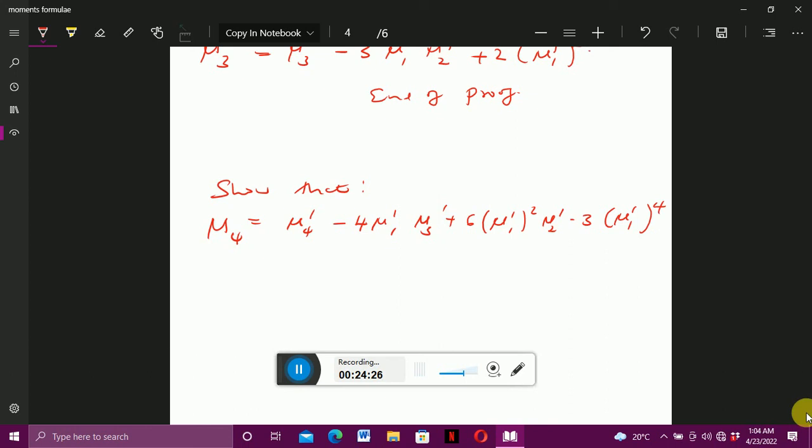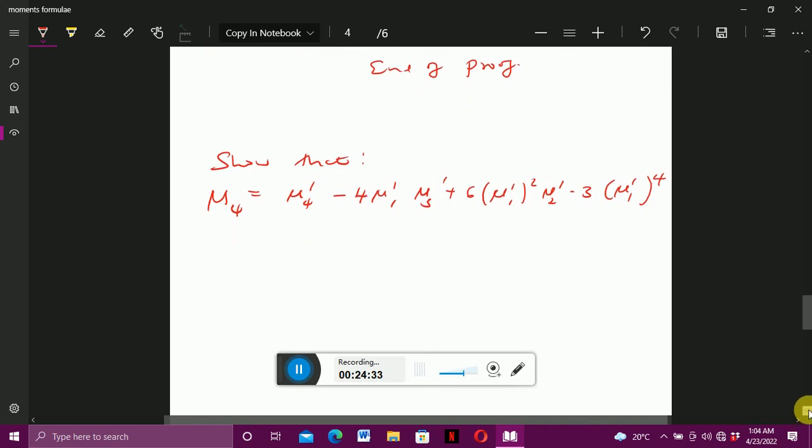So using the same formula, it is also possible to show that.